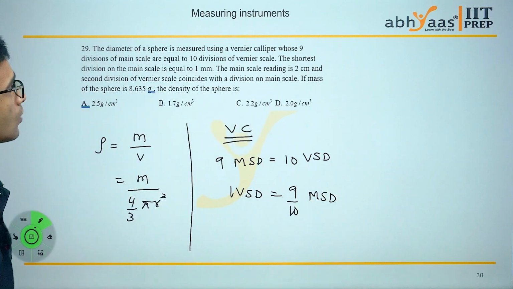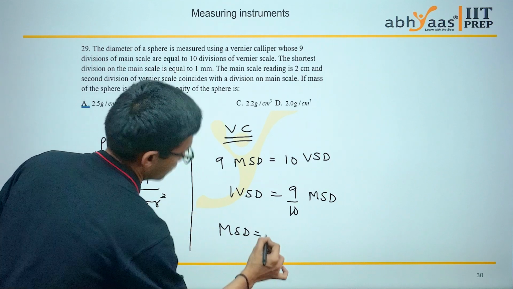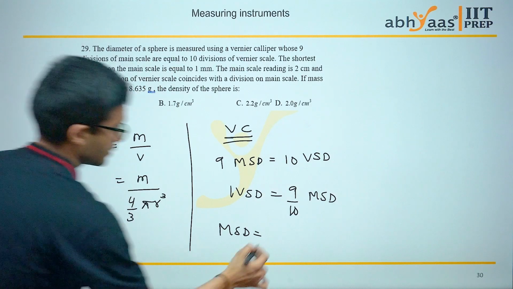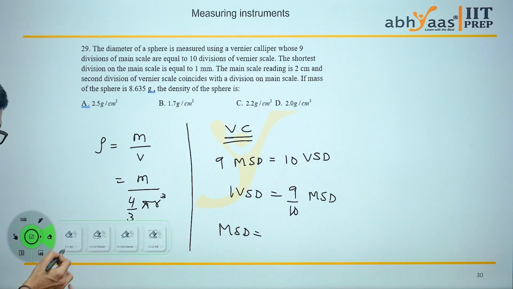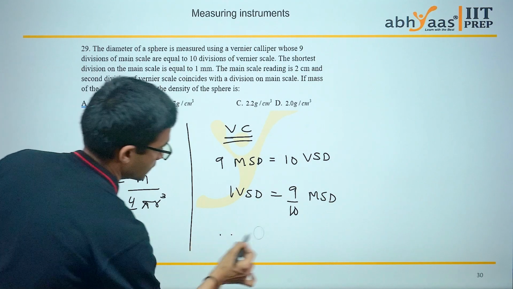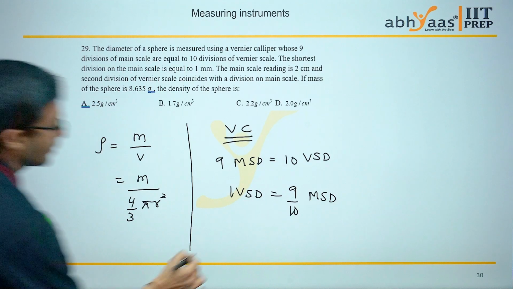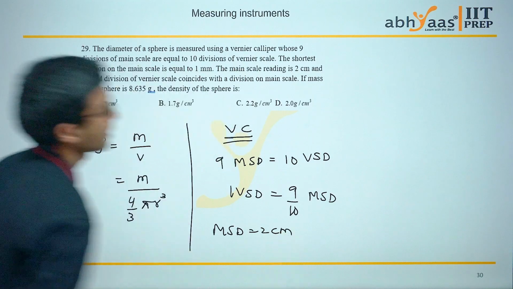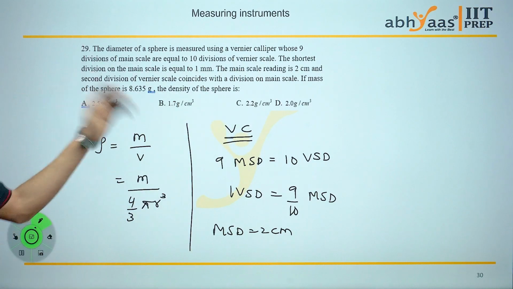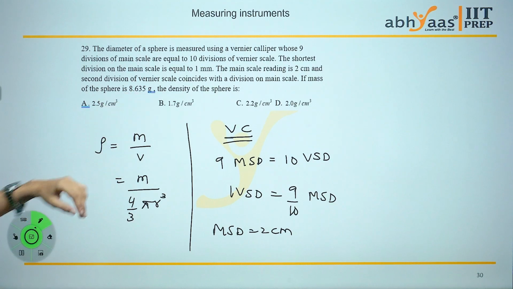The shortest division on the main scale is given, it is not the main scale reading. In this one, main scale reading MSD is equal to 2 centimeters. The second division is coinciding.